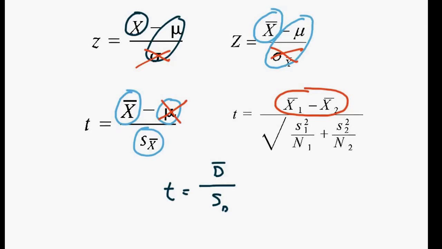And we compare that to what we would expect between two samples coming from the same population by chance alone. But those are two independent samples.